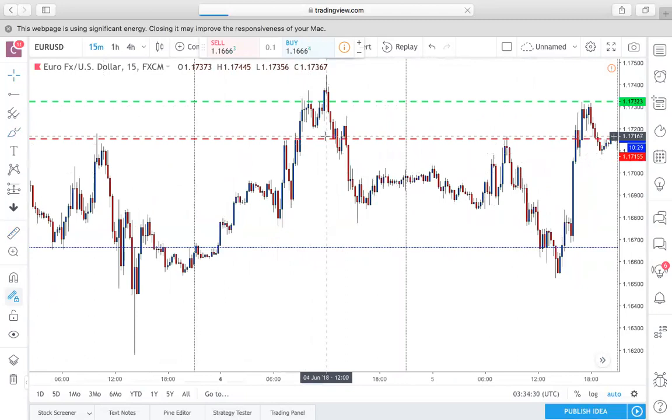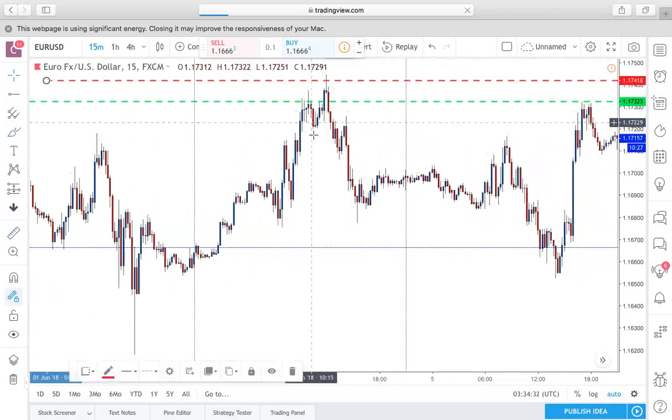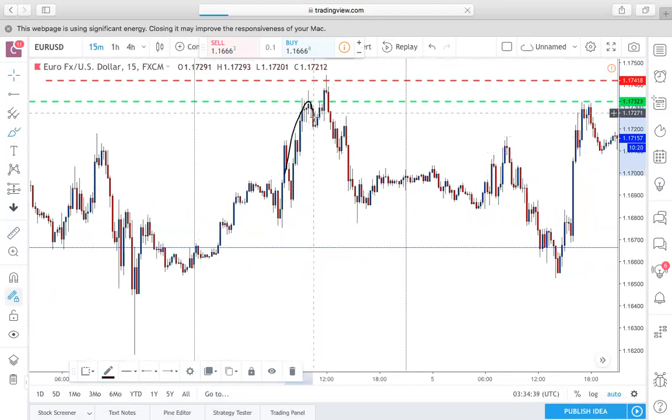So we get the same thing again. Our M formation, our first leg is right here. It stopped. So what we expect is price to come back down, and people want to start selling once they get right here in this area.